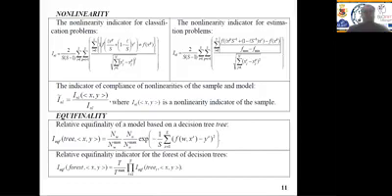Next you can see an indicator of compliance of nonlinearities of the sample and the model. And as for the equifinality, I propose a relative equifinality of a model for a single decision tree, and the relative equifinality indicator for the forest of decision trees.